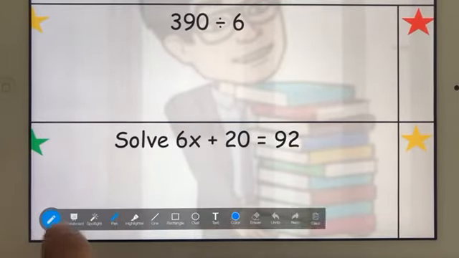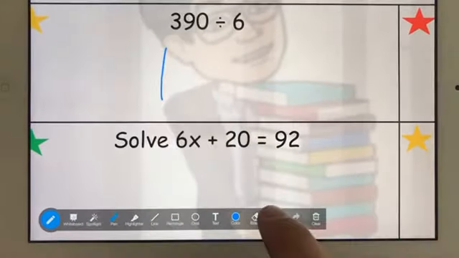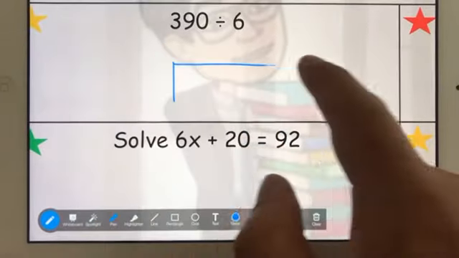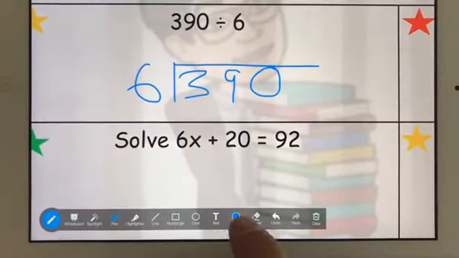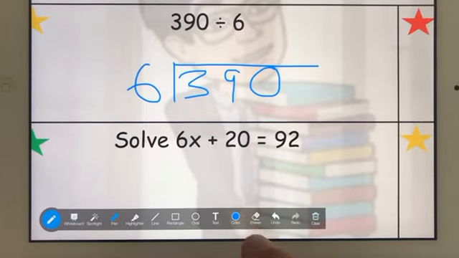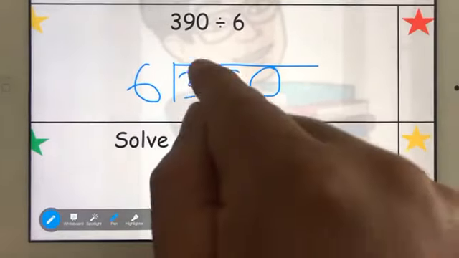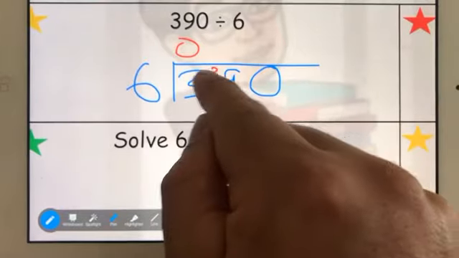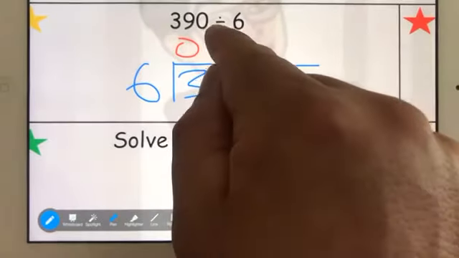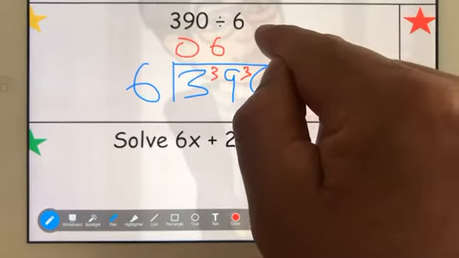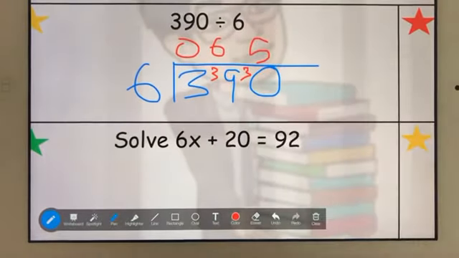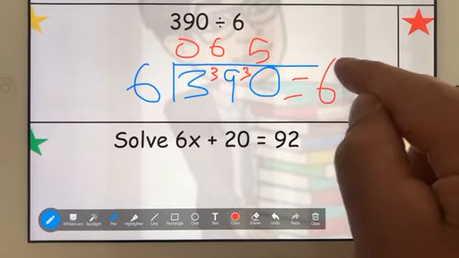Set up your bus stop as you would normally. Six on the outside. I'm going to change colours just to make it a little bit more clear. 6 doesn't go into 3, so I do 0 and carry the 3 over. 6 goes into 39 6 times, and 6 goes into 30 5 times. So my answer is 65 for the first one, for 2 points.